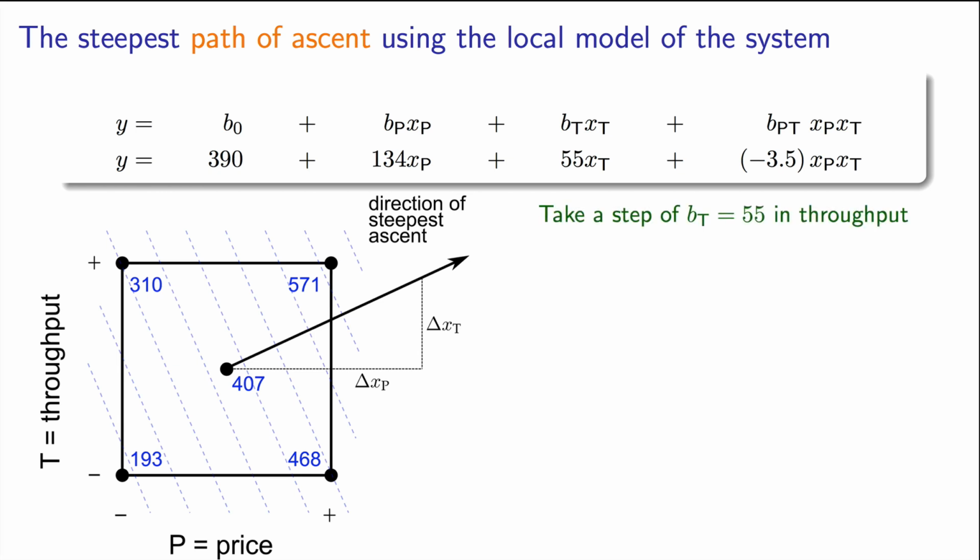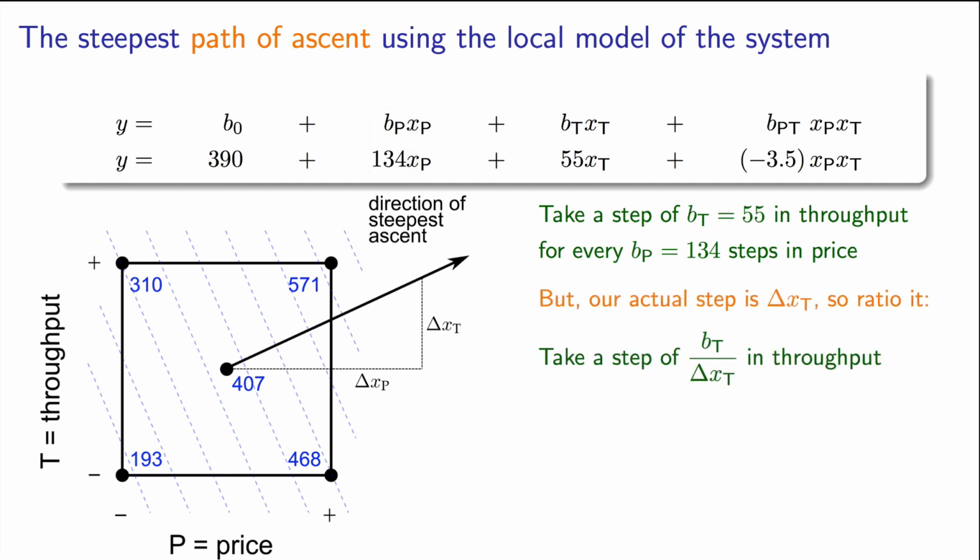A way of saying that mathematically is every 55 steps we increase in throughput, we should also increase by 134 steps in price. So to keep that ratio in proportion, we can write the following mathematical equation.